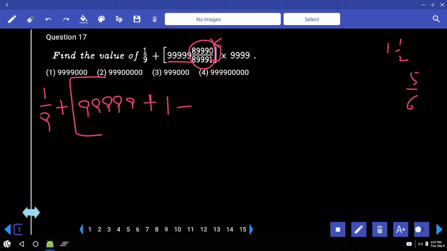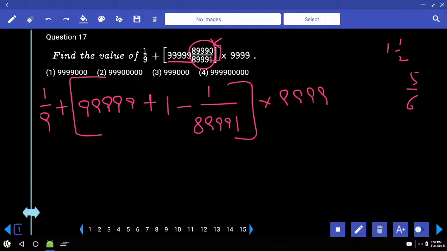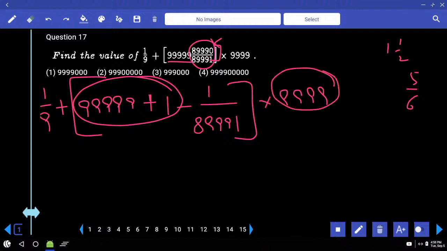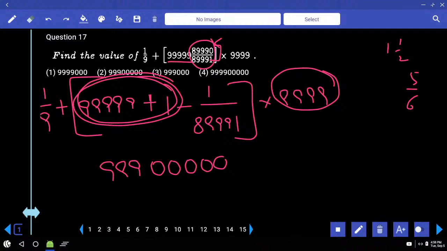So in the same manner 1 minus 1 by 89991 into 9999, understood or not? This is 1 lakh into 9999. In 1 lakh we can observe 5 zeros, isn't it?